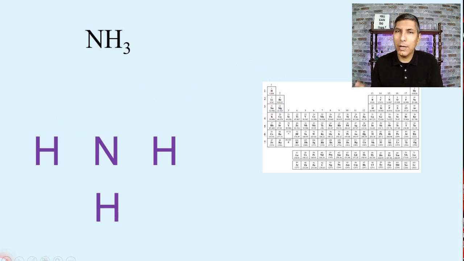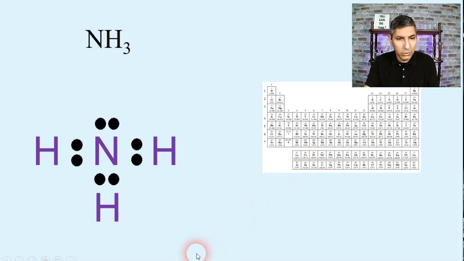Hydrogen has only 1 electron shell, so it's going to be stable with 2 electrons, not 8. So I'm going to put 1 dot for every one of these hydrogens, arranging that in the middle there. And then the nitrogen is going to have 5 valence electrons, just like it always has. So 1, 2, 3, 4, 5 there for the nitrogen. So that's a total of 8 dots here.